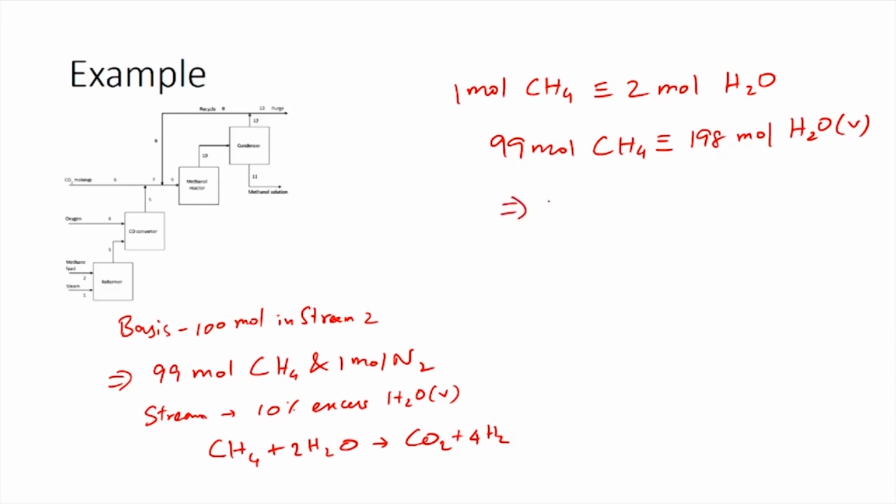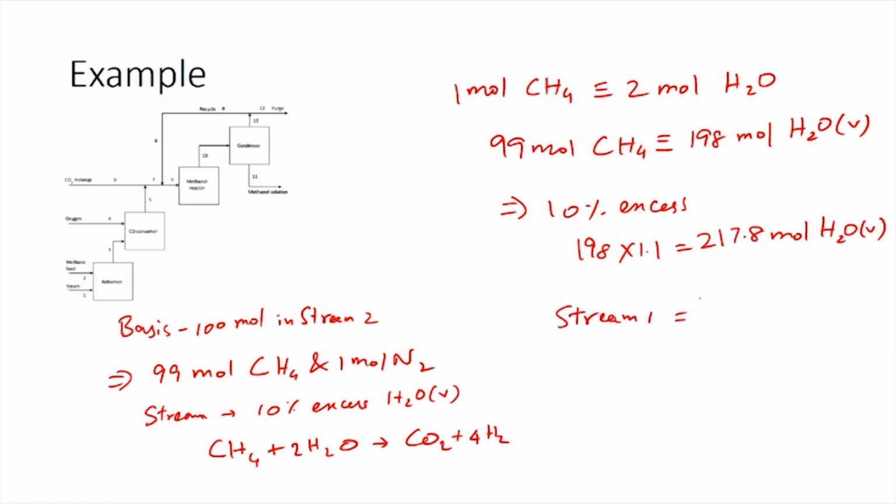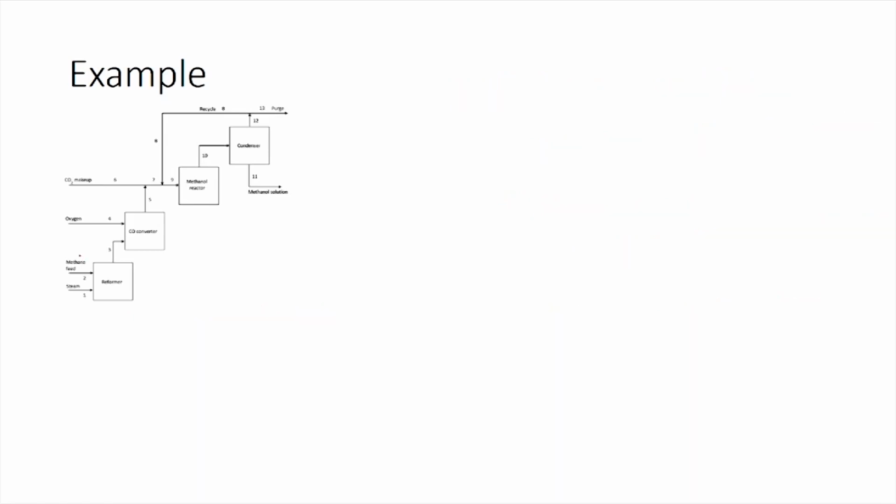We know that 10% excess is actually fed. This implies 198 times 1.1 would be the actual number of moles fed in stream 1. So, this is 217.8 moles of water vapor being fed. So, stream 1 is 217.8 moles.